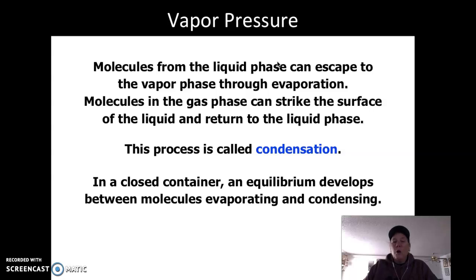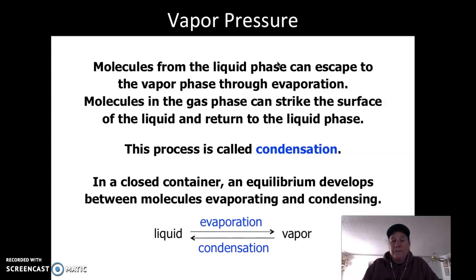In closed containers, there's an equilibrium that occurs between evaporation and condensation so that you stay at the same level. But if you have an open container, then you're going to get more evaporation than condensation. So again, when you go from a liquid to a gas, that's evaporation. When you go from a gas to a liquid, that's called condensation.